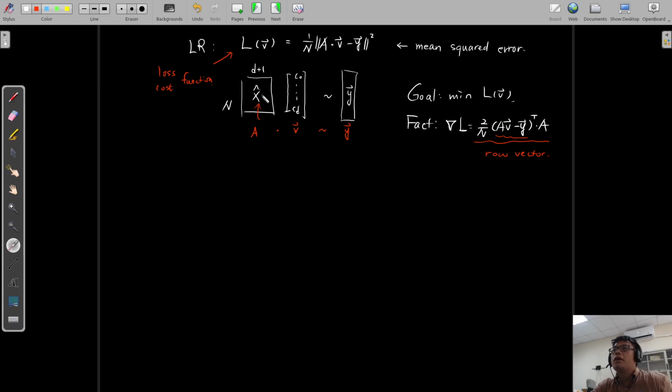So if you have done some calculus course, you can imagine that if you want to take the derivative of this thing with respect to v, ignoring the fact that v is a vector, this is kind of a unit, which we call u. So you are going to take the derivative of u squared with respect to v.